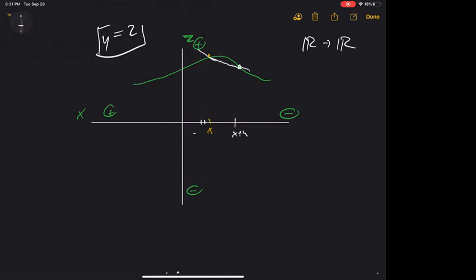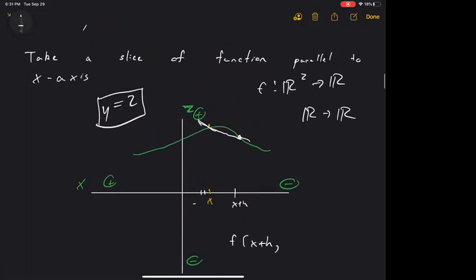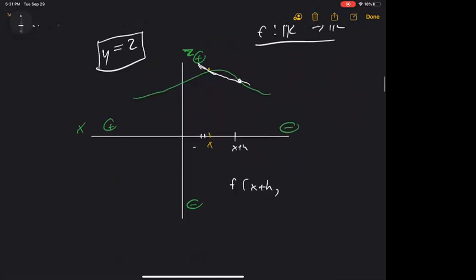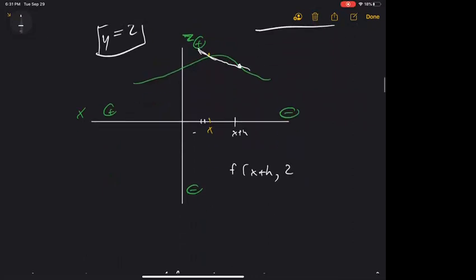Okay, what is that slope? It's f of x plus h. And then this is still, even though it looks kind of like a function of one variable, my function from R2 to R. So this is a function of x and y. What is the y coordinate? In this case, it's y equals 2.